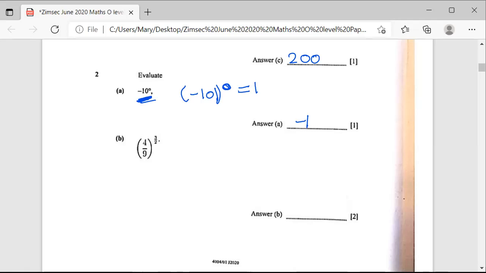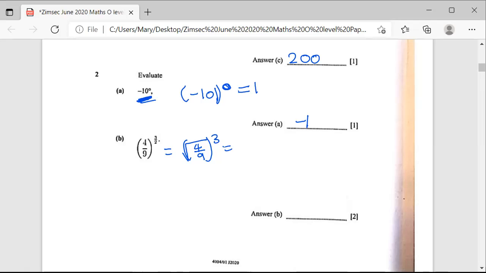Then 2B, you are given 4/9 raised to the power of 3/2, which is going to be the square root of 4/9 to the power of 3, which is equal to, I'm going to start by removing the square root. What is the square root of 4/9?